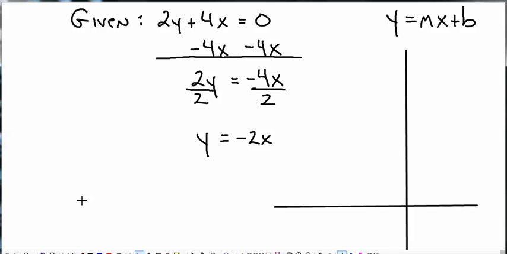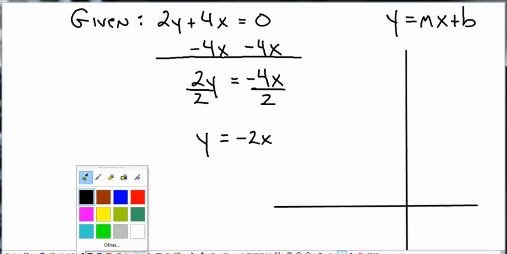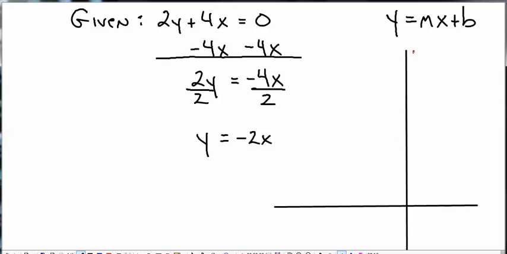So on your graph, where's your first point going to go? On the y-axis. It's going to go at the origin or at 0, isn't it? And then we're going to go, let's see, 1, 2. All right, so how many are we going to rise from this point? 2.